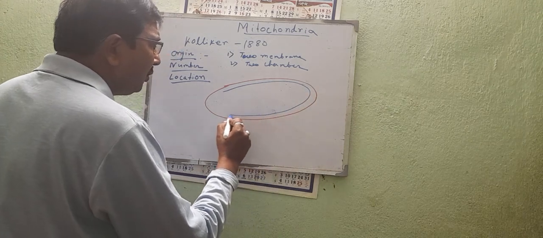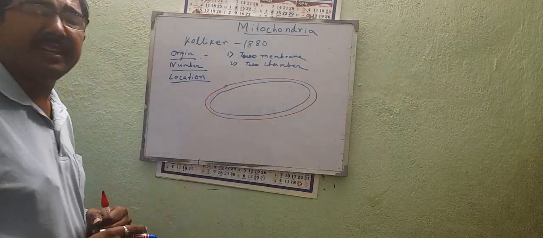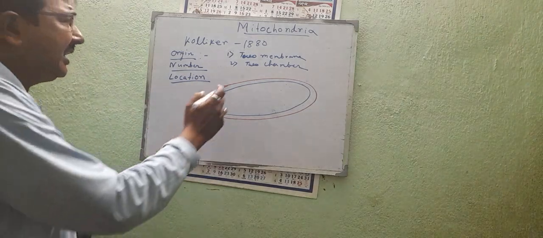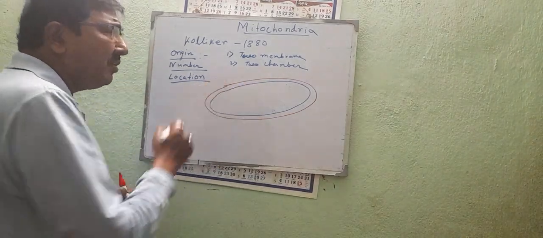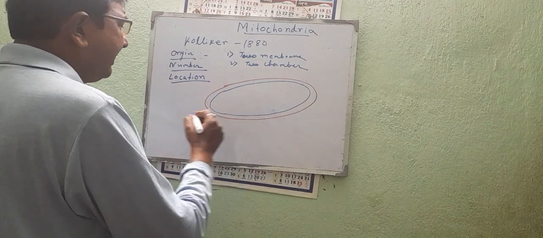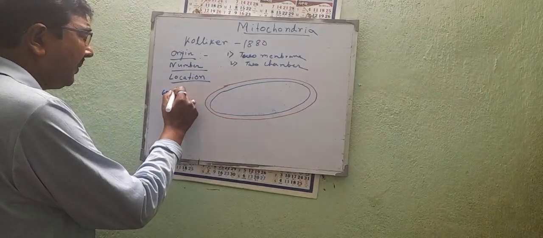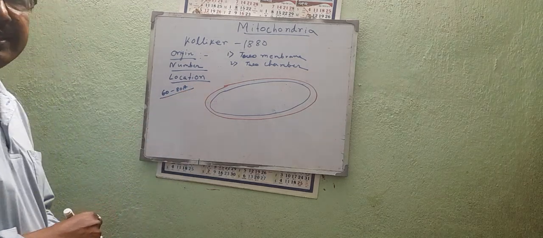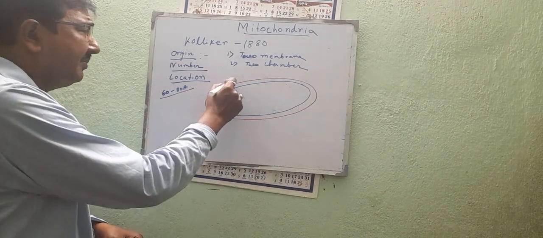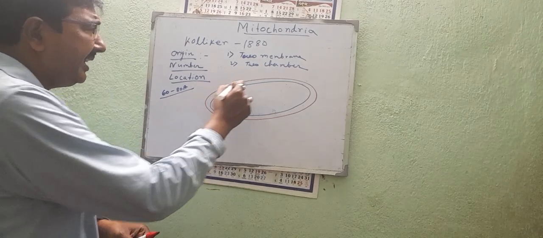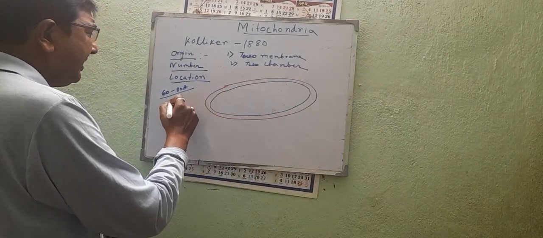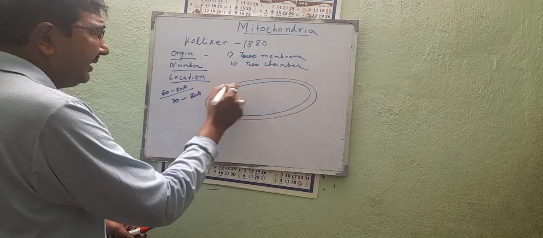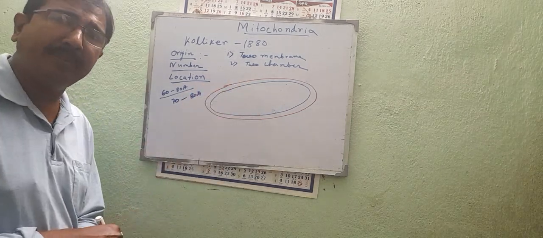That's why it is a double membrane cell organelle. Each of the inner and outer membranes is 60 to 80 Angstrom thick. And the gap between the two membranes is 70 to 80 Angstrom.